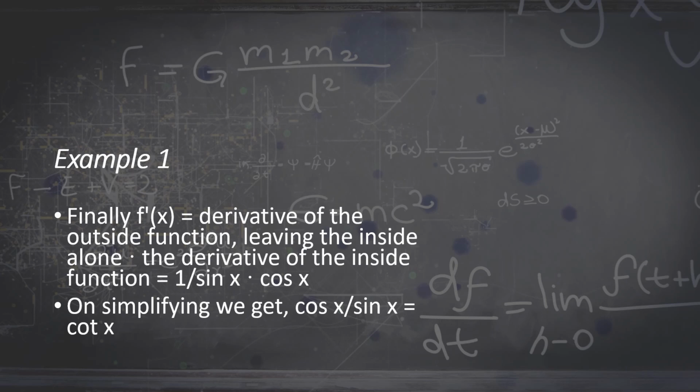Finally, f prime of x equals the derivative of the outside function, leaving the inside function alone, times the derivative of the inside function, which equals 1 over sine x times cosine x. On simplifying, we get cosine x over sine x, which all of us know very well is equal to cotangent x.